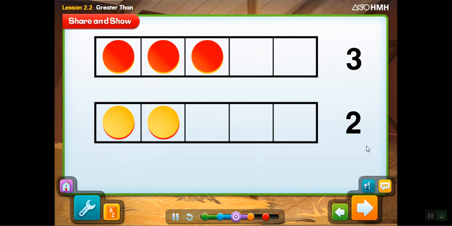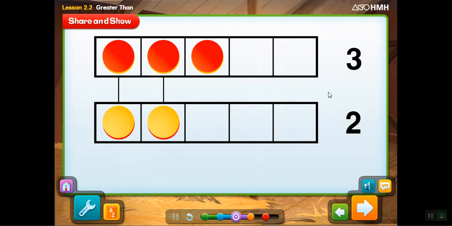Now compare the sets by matching the counters. All right, let's see what happens when we try to match them up. Not all the counters have a match. So which set has a number of counters that is greater? Select the number that is greater. All right, we need to pick the number that is greater. So is 2 greater than 3, or is 3 greater than 2?